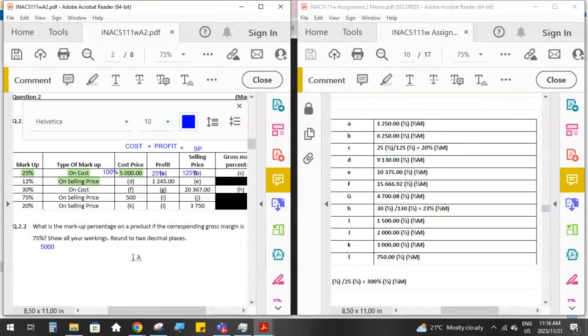5,000 is 100%. So I want to divide that by 100, which will then tell me how much 1% is. Because if 5,000 is 100%, if I divide 5,000 by 100, my answer will be how much 1% is.